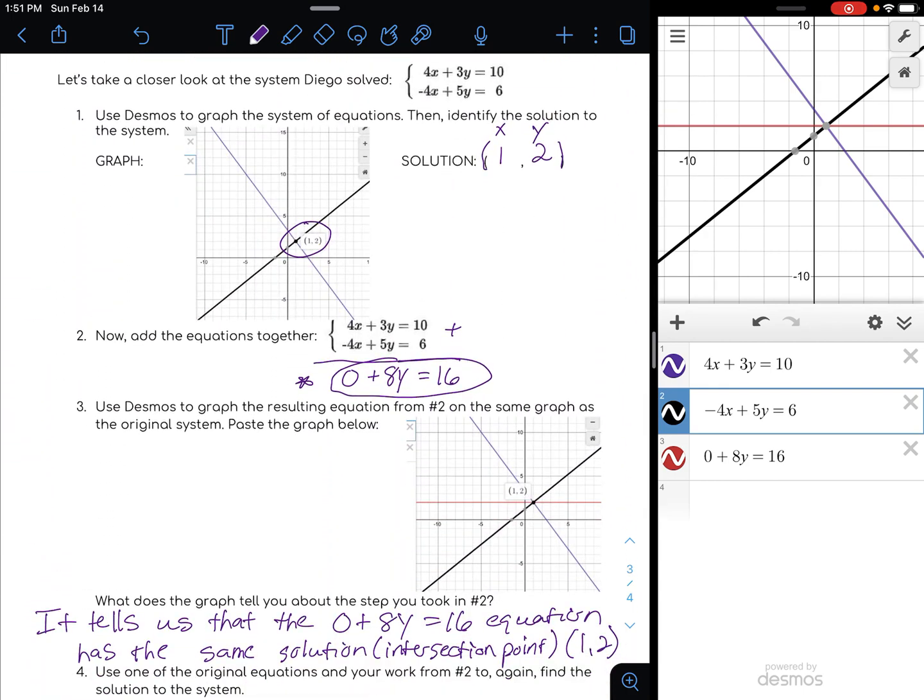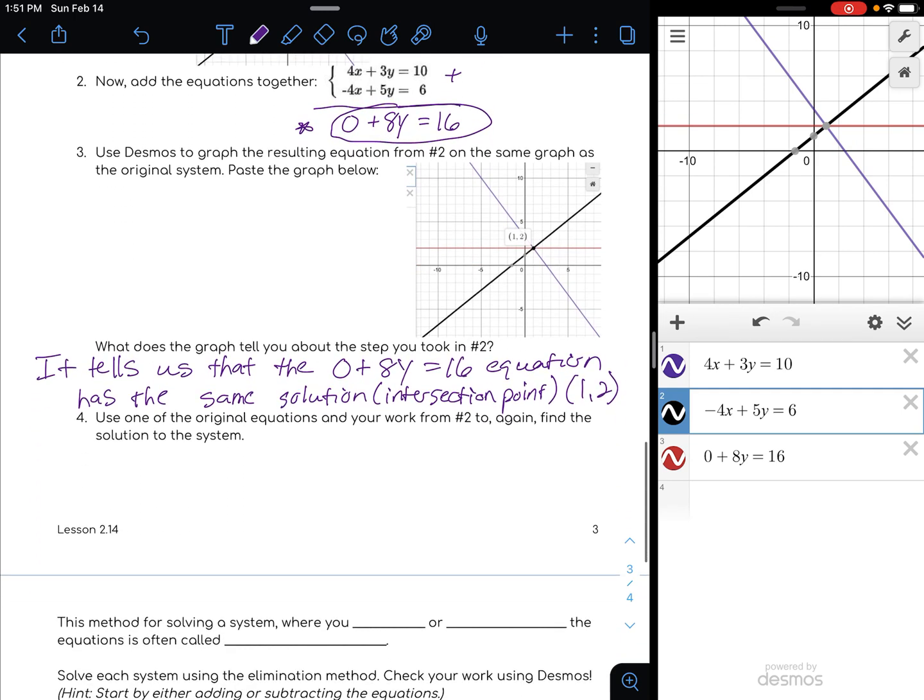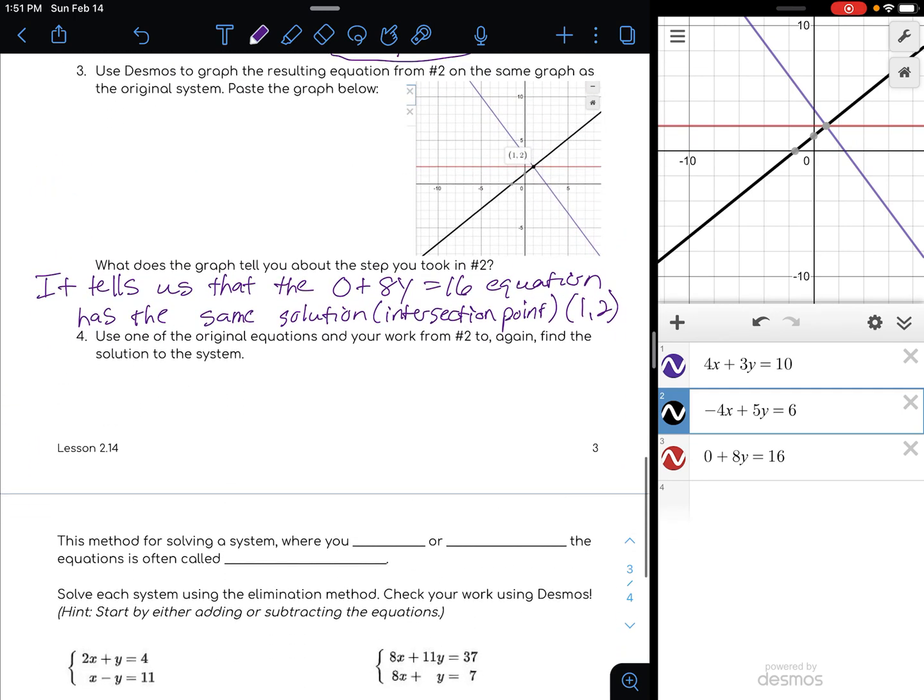We added the two equations together, we got a third equation, and the balance really means that the equations have the same solution. Remember, when we're solving an equation, sometimes we add or subtract from the same side of the equation, or we divide or multiply both sides of the equation to keep them balanced. And that's really what we're doing here. We're creating a third equation. By adding them together, we're creating a third equation that is still balanced and has the same solution.